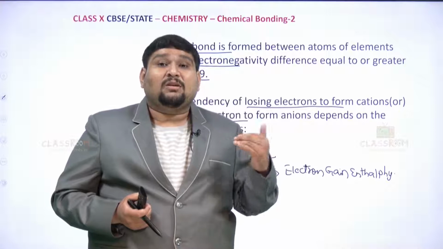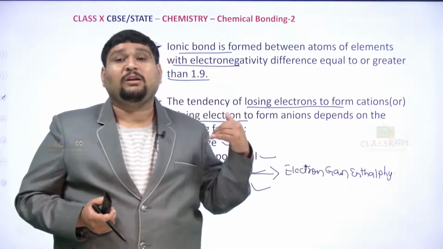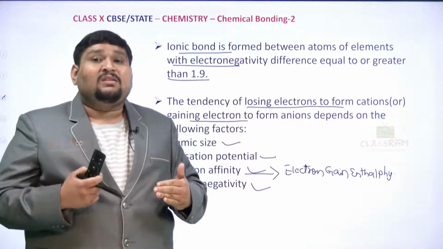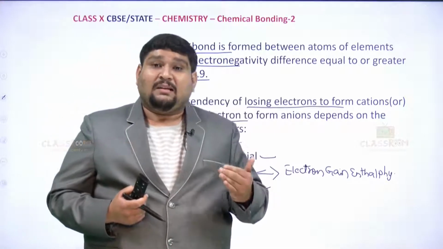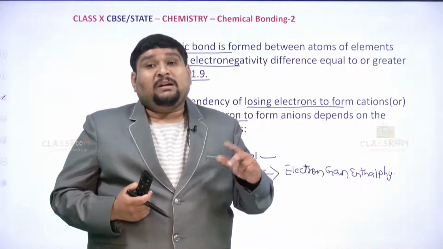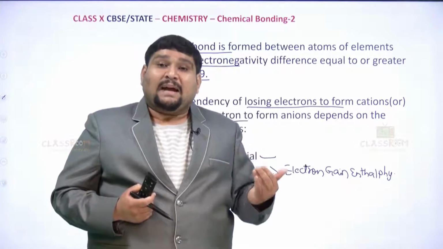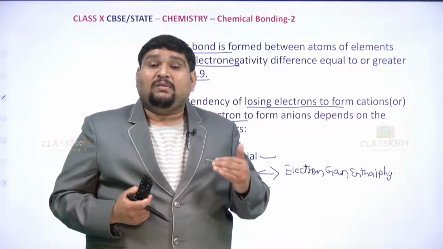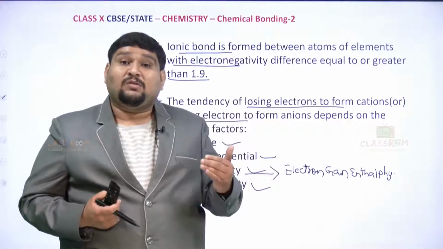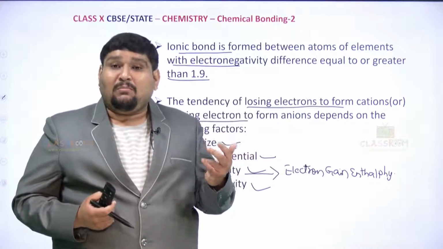and we learned what factors affect ionic bond formation. Generally we define an ionic bond as the transfer of electrons between two dissimilar elements, one being a cation and one being an anion. Cations are highly electropositive in nature, for example metals.